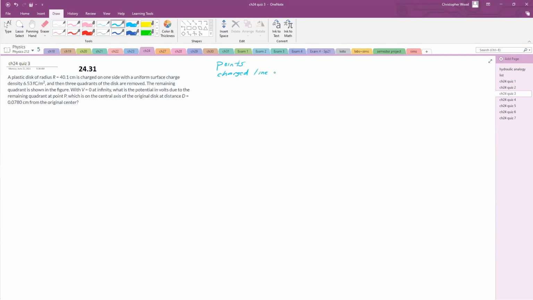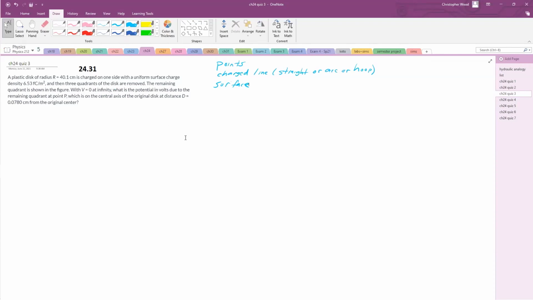And a line means it could be a straight line, or arc. What do you get when you take a straight line and you bend it? You get an arc. So this could be a straight line or arc or hoop, basically. Those are all considered charged lines. And now we're graduating up to a surface.